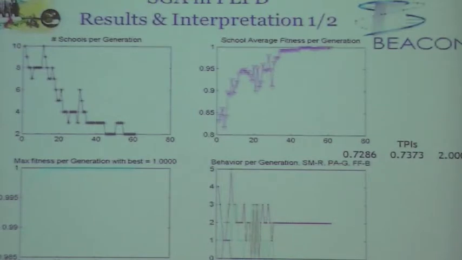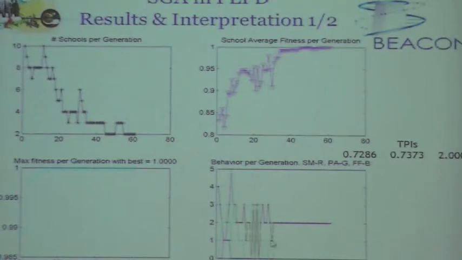A convergence was obtained at around 60 generations, and the school average fitness reached 1 towards those 60 generations. So I didn't run all the way to 300 generations, because the second stopping criterion was actually observed by the simulation.